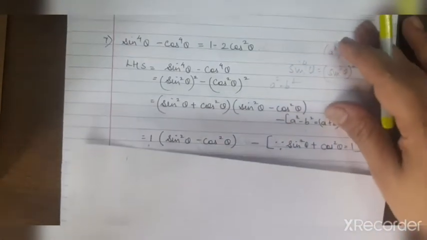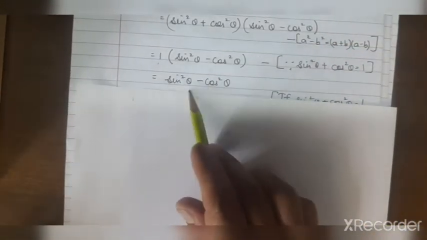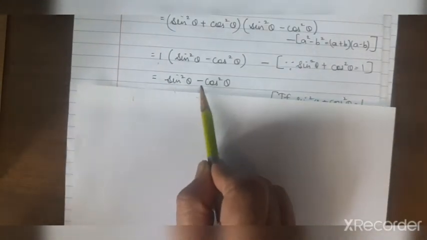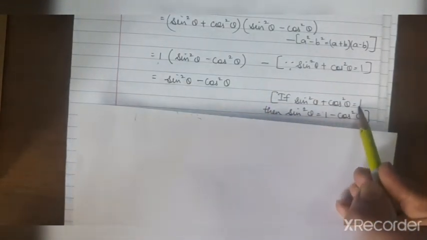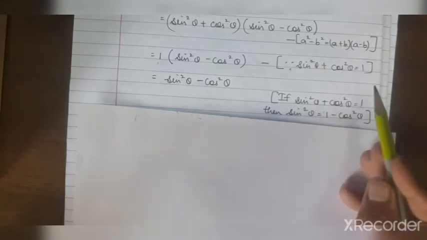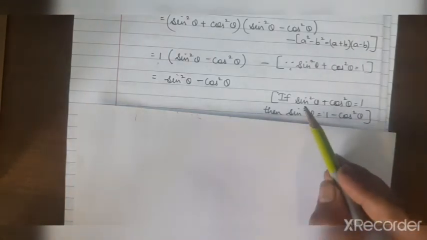Now sine square theta minus cos square theta, this is what we have. 1 multiplied by the same bracket is the same bracket. Now we have to bring 1 minus 2 cos square theta here. We know the identity sine square theta plus cos square theta equal to 1. If I shift cos square to the other side, we get sine square theta is equal to 1 minus cos square theta.